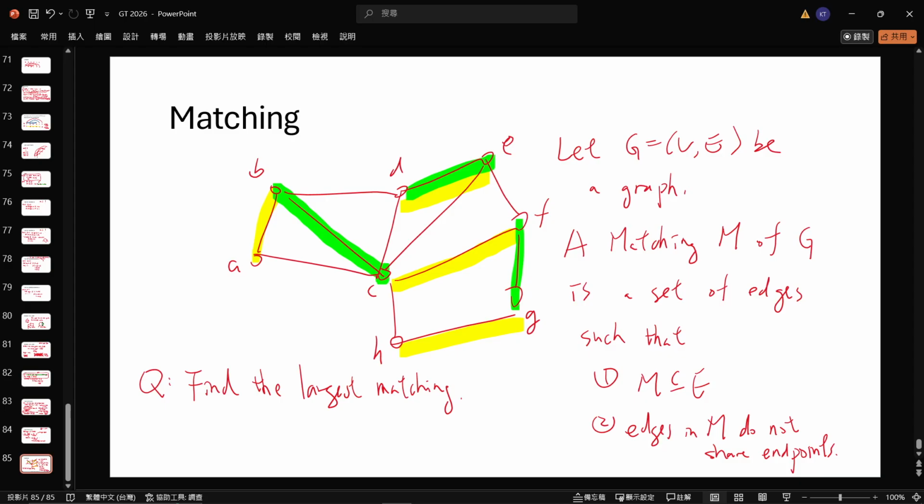Okay, so this is indeed the best. So I don't have enough time to discuss algorithms for this problem. By the way, this is called the maximum matching problem.